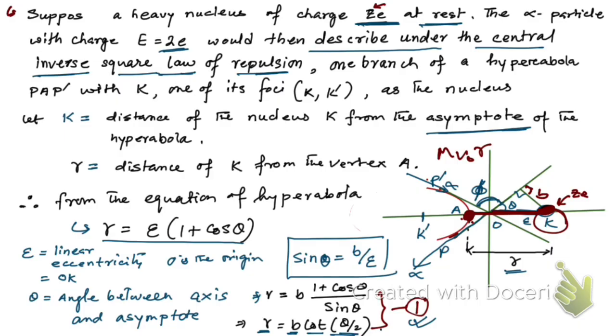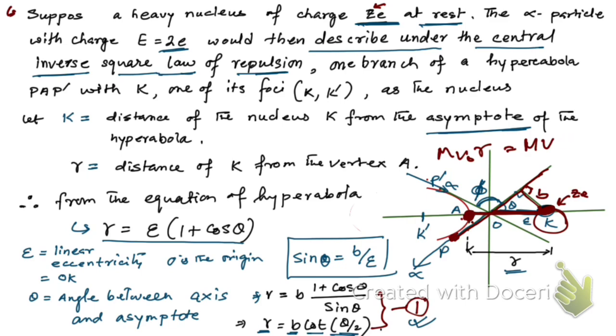Similarly, when it reaches this other point, the distance to this asymptote is b, so we get the angular momentum when its velocity is v now, so mv.